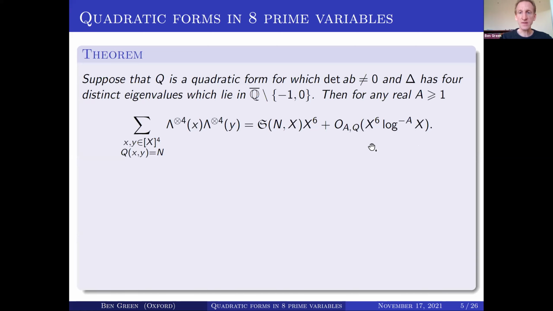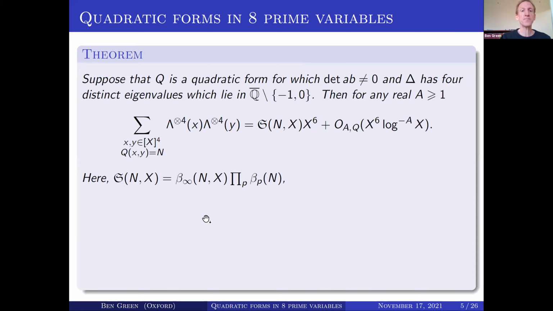And the way to think of this is it beats the main term by an arbitrary power of a logarithm. And the main term is a product of a kind of local factor here and x to the 6, which is quite natural here because I'm summing over x to the 8 variables, but I'm imposing a quadratic condition on them. So I sort of expect around x to the 6 solutions to such an equation. Right, and what's that local factor?